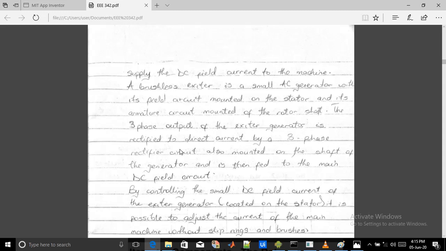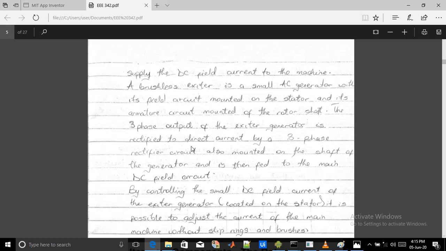And the three-phase rectifier circuit is connected to the stator. Remember, the stator is the part where the output is gotten, right? So now your AC input is going in through the field current, and the field current is on the stator, right?